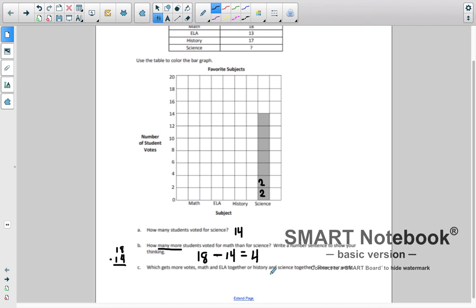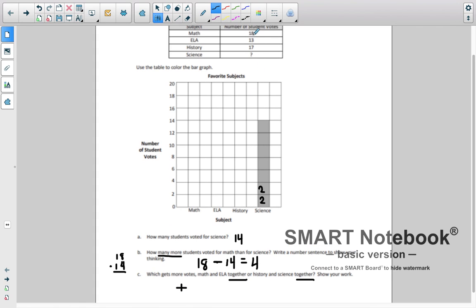All right, let's look at part C. It says, who gets more votes, math and ELA together or history and science together? When we see that word together, we know that's going to be an addition problem. So let's look at how many votes there were for math. We're going to look right here. There was 18. And they want to figure out how many votes there were for math and ELA together.